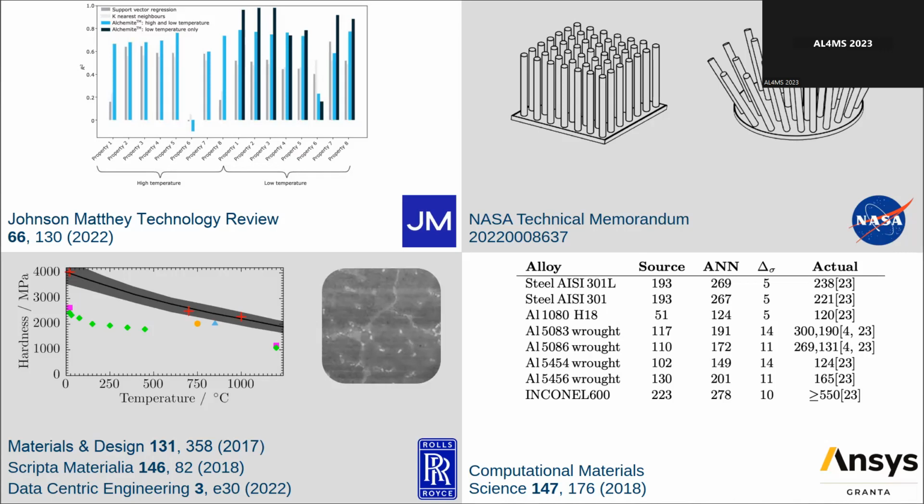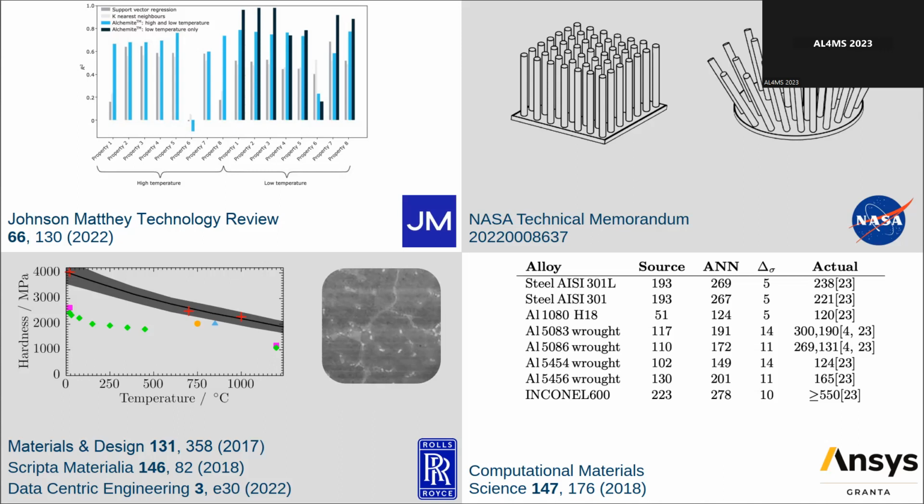So up in the top left, we worked with Johnson Matthey to design some catalysts for them that were experimentally verified. We did a lot of work with NASA to first validate or compare this machine learning approach to some others. And then they used the technology to go off and design some heat exchangers for use in space applications.